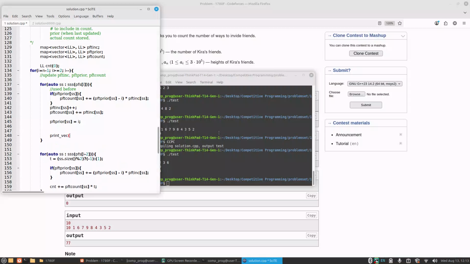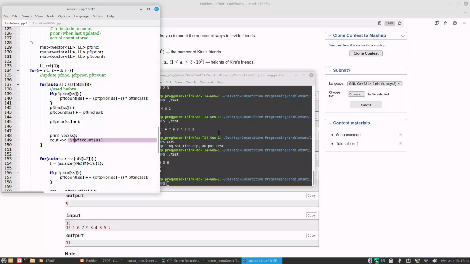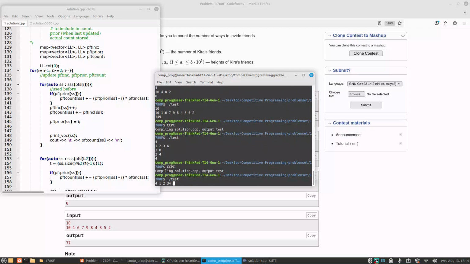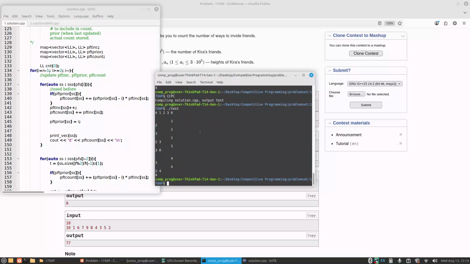Maybe have a prefix. Yeah, so it counts 1 for all of these subsets.